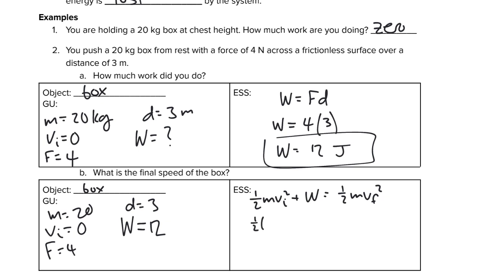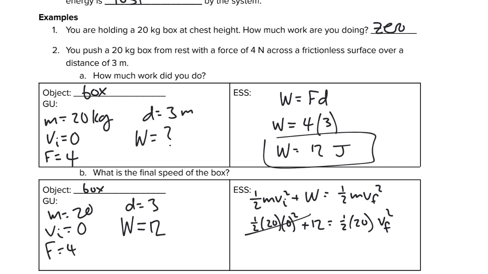When we plug in, we get 1/2 times 20 times the initial velocity squared, and that initial velocity was 0, so that cancels that whole term out. Plus 12 is how much work we were putting in. And that equals 1/2 times the mass of 20 times the final velocity, unknown, squared.